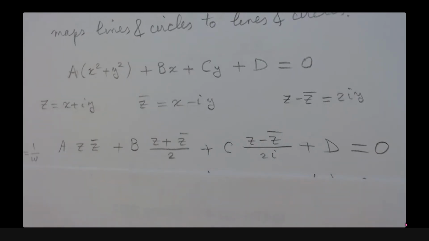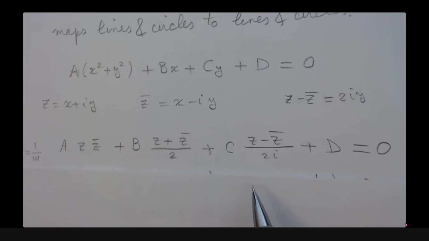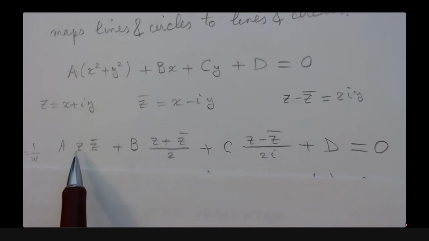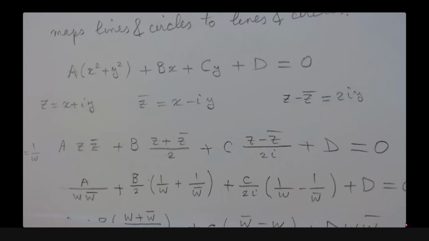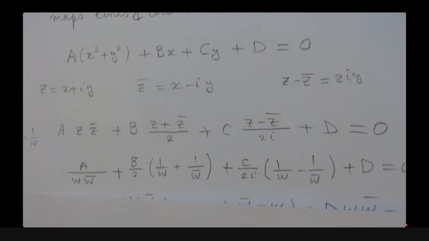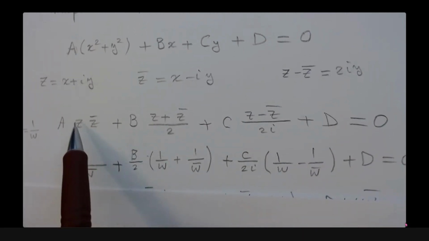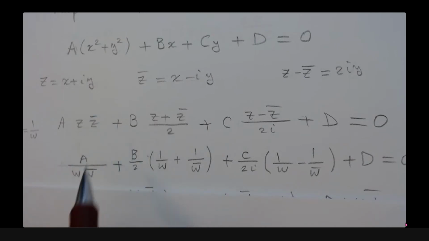Now, let's apply w equal 1 over z, or z will be 1 over w, all right? So, if you replace z by 1 over w, here we will get 1 over w bar, so a over this.